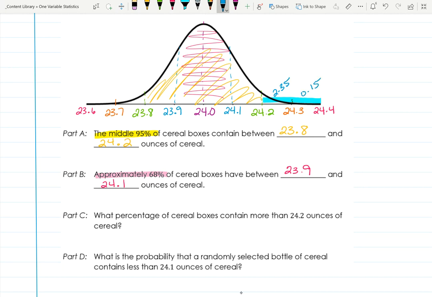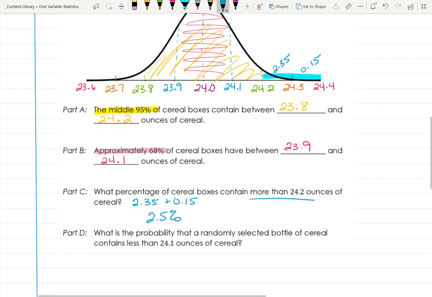So containing more than 24.2 ounces is going to be 2.35 plus 0.15, so 2.5% of our cereal boxes contain more than 24.2. Literally, empirical rule. Once you have those percentages down, it's just simple arithmetic of adding things.